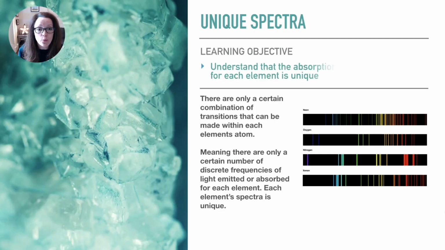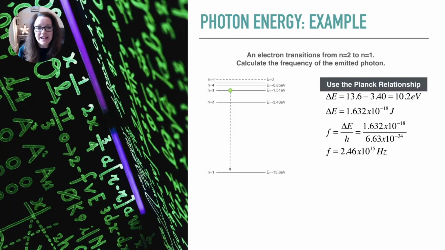Now, what about these spectra being unique? Well, if you look at each atom, and I'm going to go back, each atom or each element, so hydrogen, for example, the energy states look exactly like this and they never change. But for helium, the energy states might have different values there.